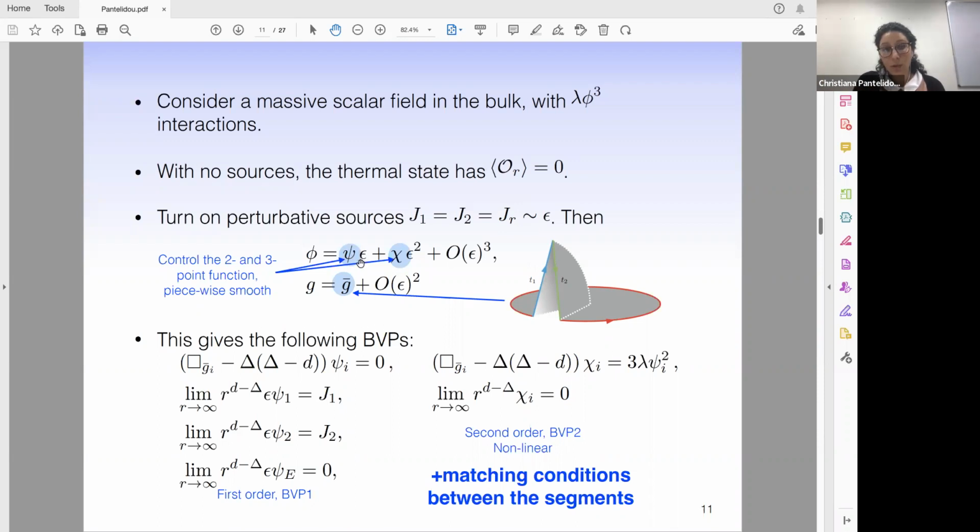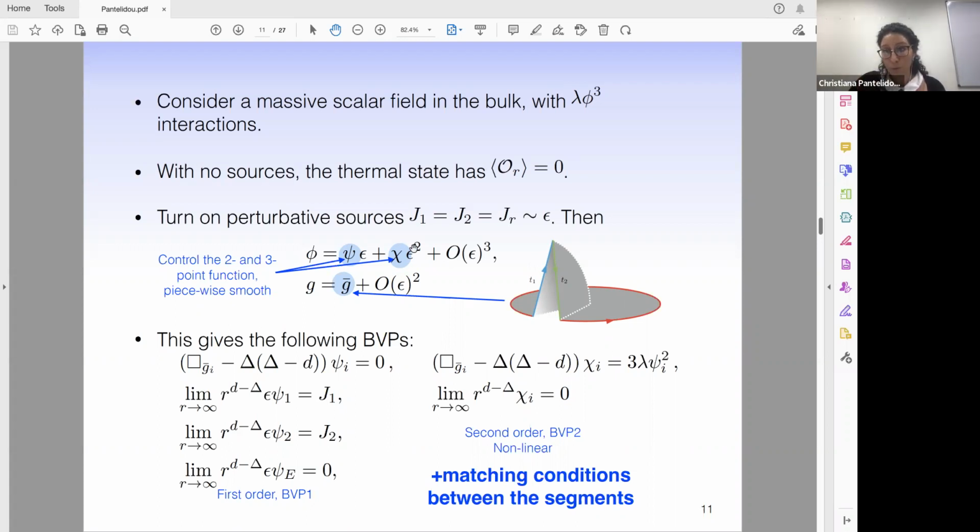I denote this by psi, and this will essentially control the 2-point function. But having psi non-zero, because of the interaction term that we introduce, this will source a term at order epsilon squared. I denote that by chi, and chi will essentially control the 3-point function, etc.